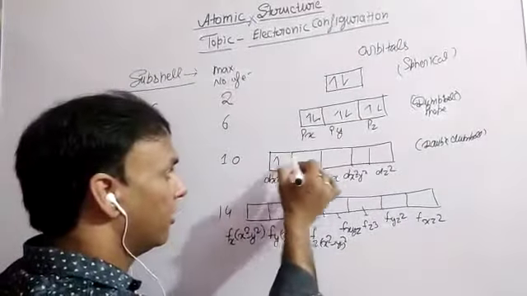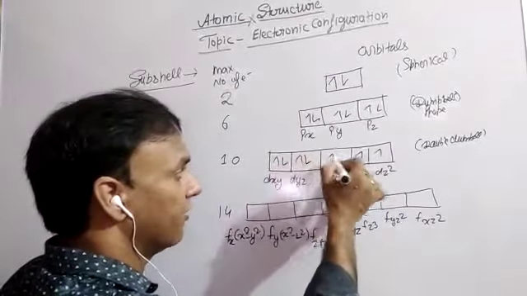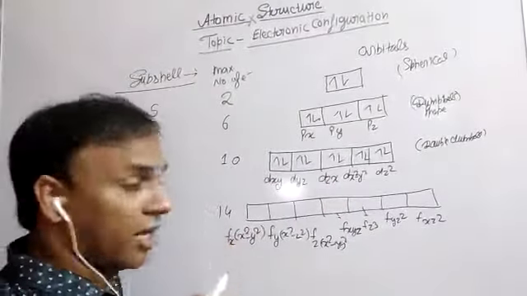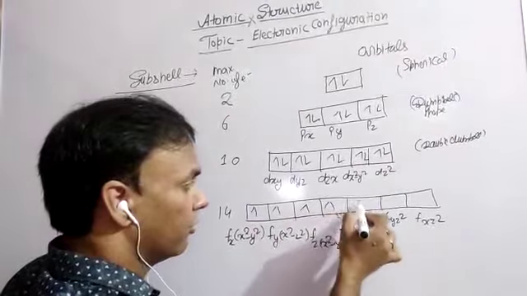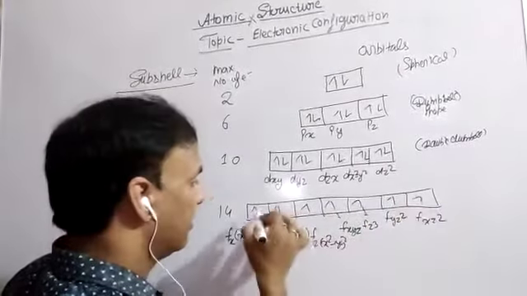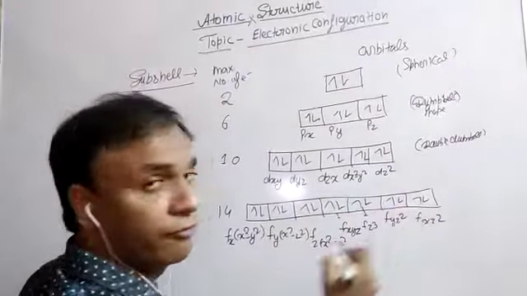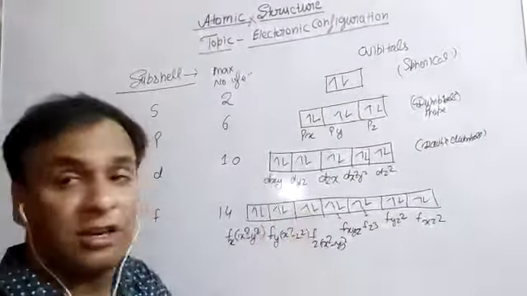Similarly for d, 1 to 10. Similarly for f orbitals, 1 to 14. This is the filling of electrons in orbitals.